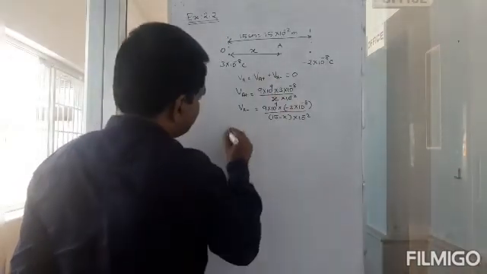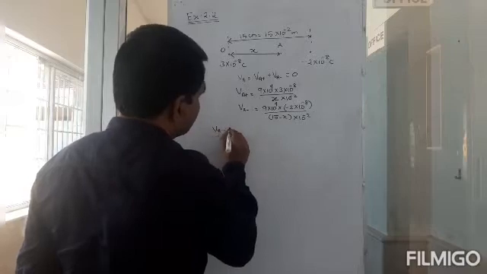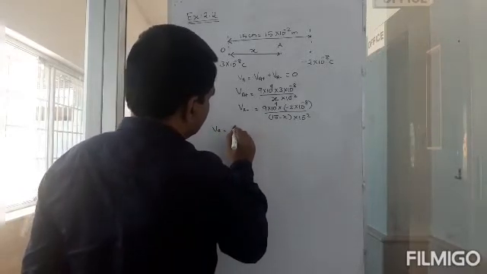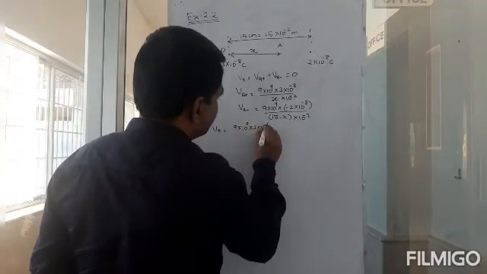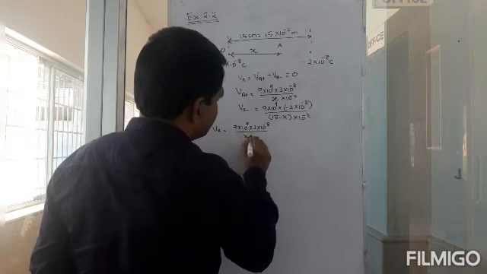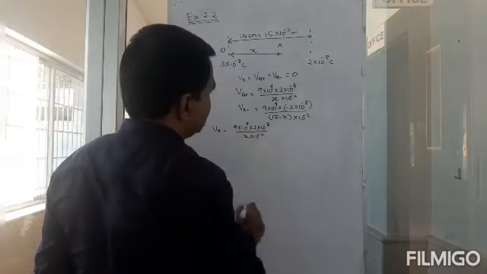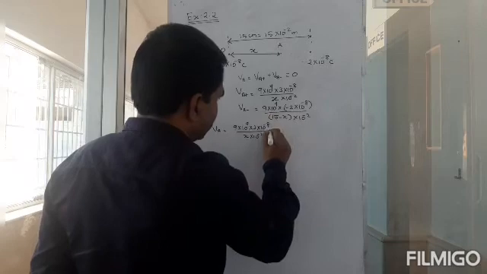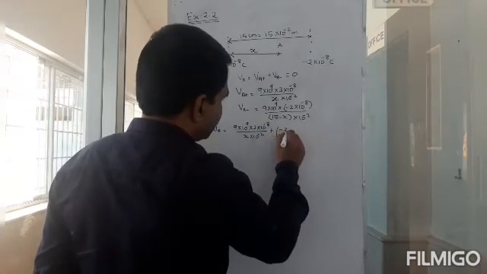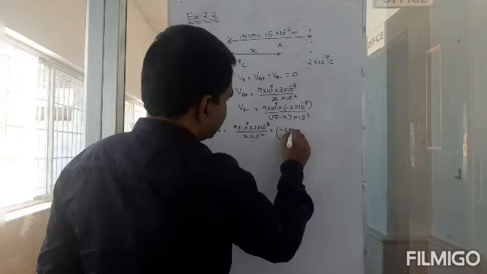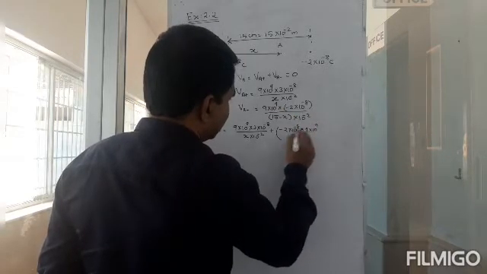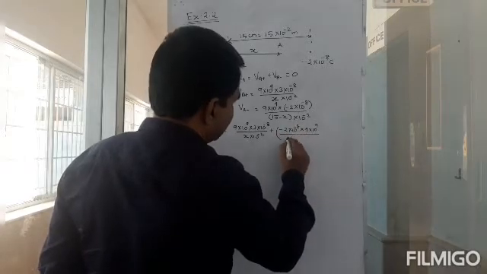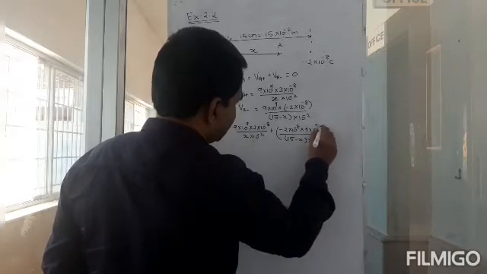So when I add these two, VA is equal to 9 into 10 power 9 into 3 into 10 power minus 8 by x into 10 power minus 2, then add minus 2 into 10 power minus 8 into 9 into 10 power 9, divided by 15 minus x into 10 power minus 2.